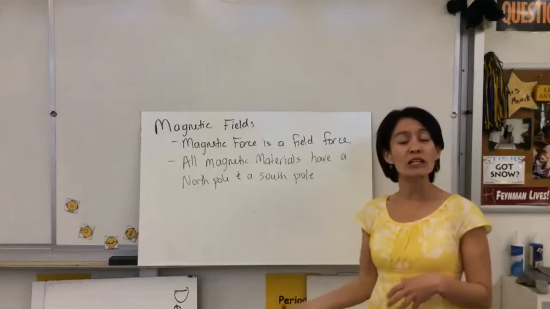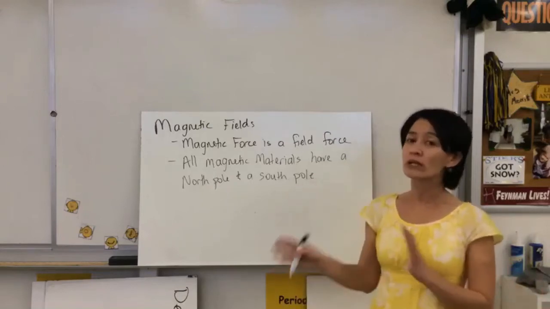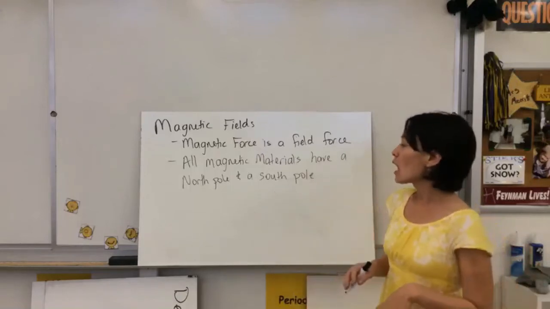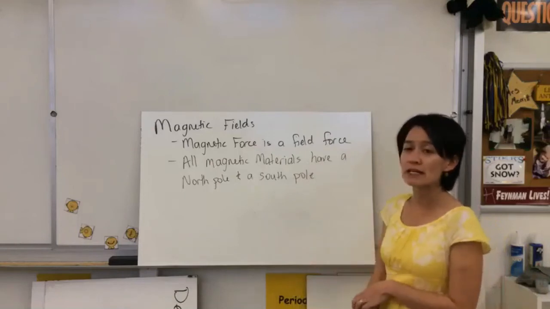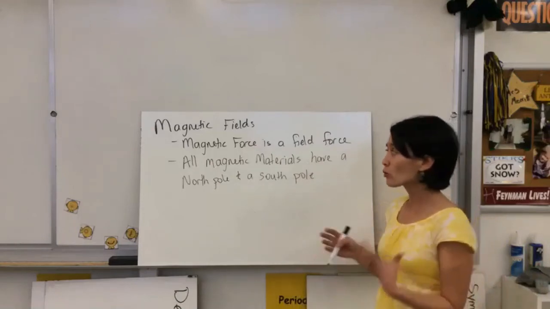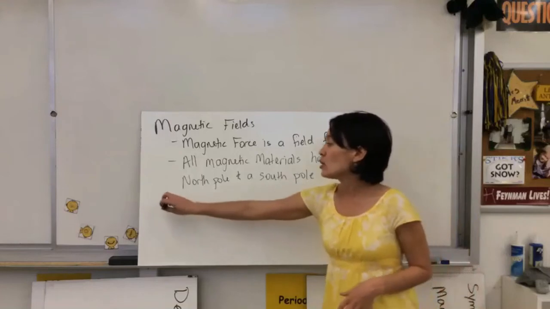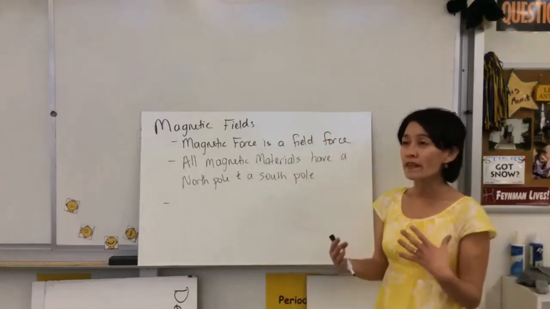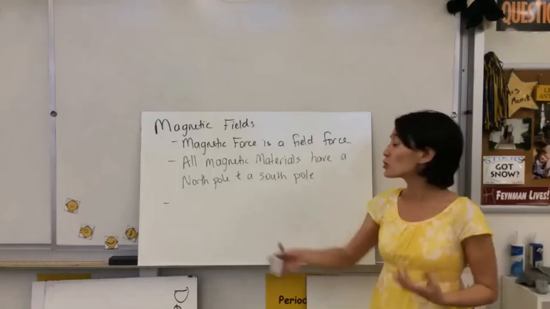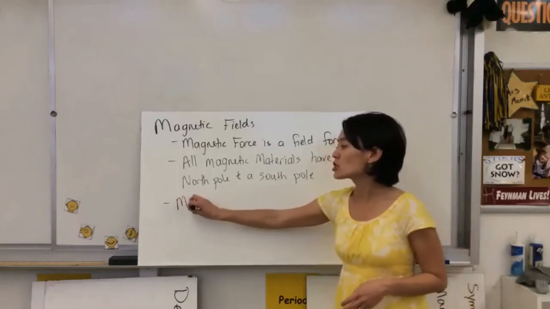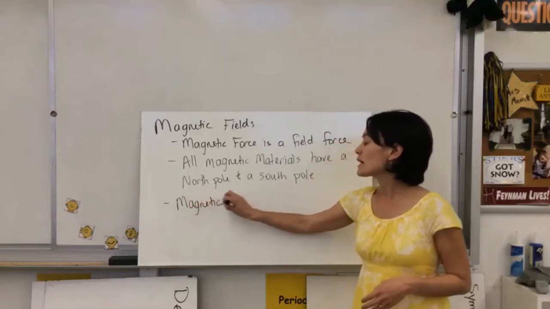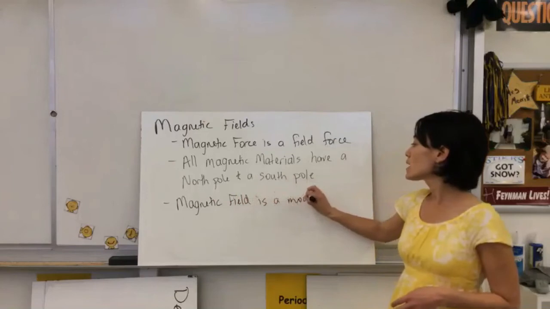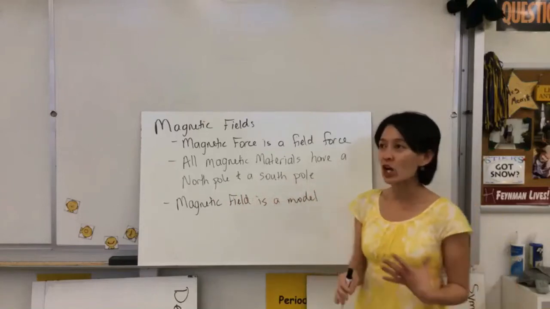Electrostatics and magnetism are related, but it's not a one-for-one relationship. Anytime you have something that is magnetic, it's going to naturally have a North Pole and a South Pole. And we draw magnetic field lines to help us visualize what the magnetic force will do. Just like electric field lines, magnetic field lines are a model to help us visualize how magnetic objects will interact.